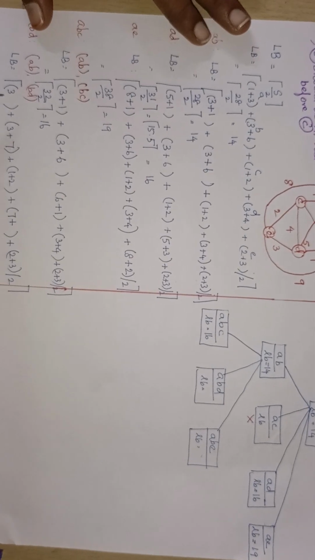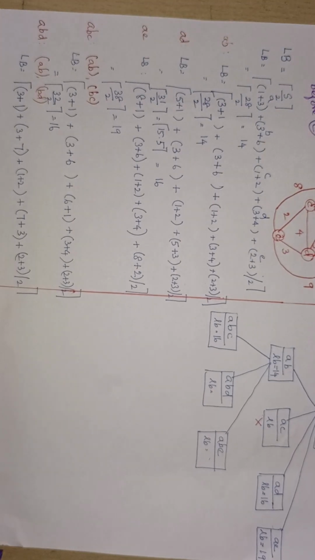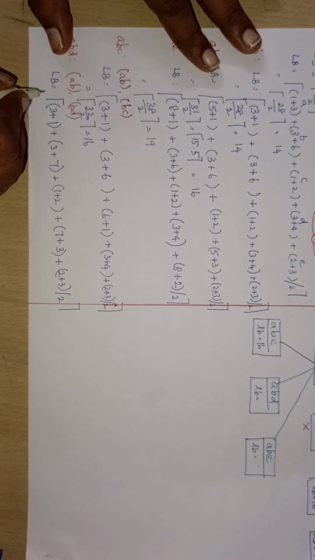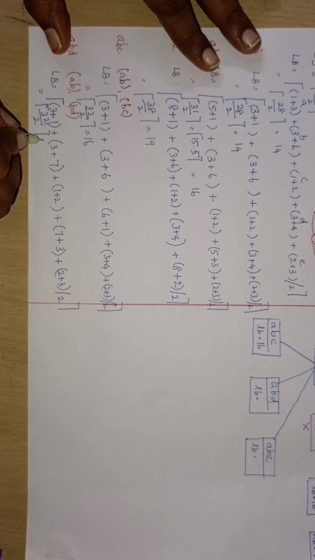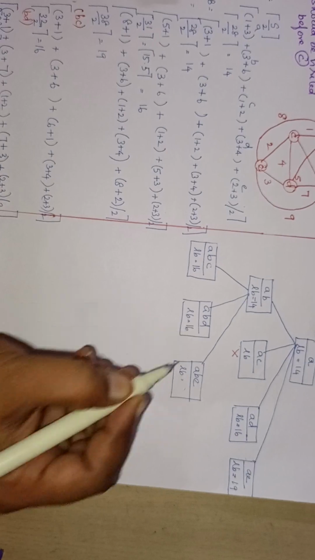So what else is remaining? For A, I should include one more closest path, which is 1. And for D, I have to include one more closest path, which is 3. So if I add all these, I will get the lower bound as 32 by 2, which is 16. So let me update here. This is also 16.